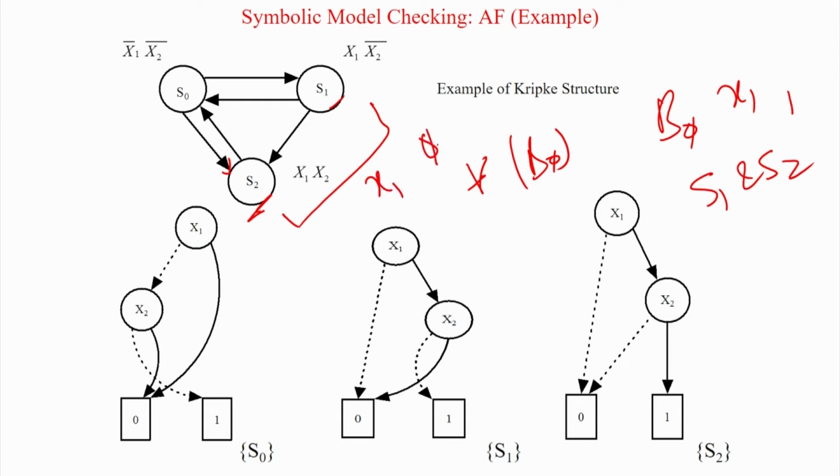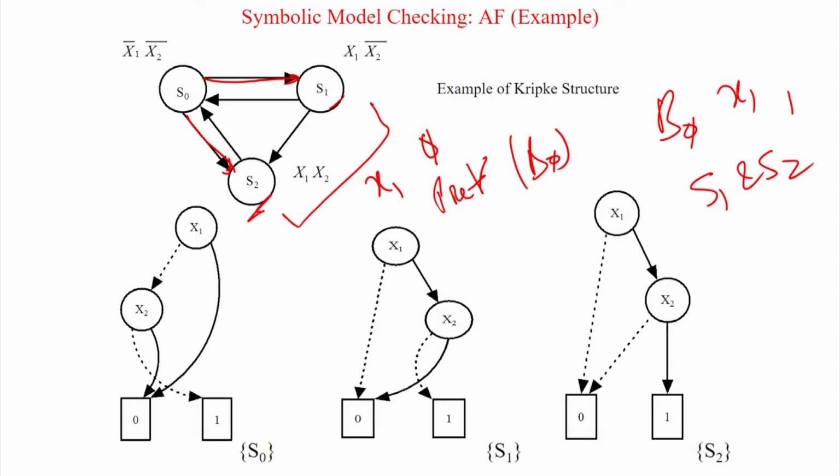Now, you have to find such states from where all paths will lead to either S1 or S2, that is nothing but pre of all B of phi. Now, if you look at state S0, obviously on this path and this path, all paths lead to the states where x1 is equal to true.